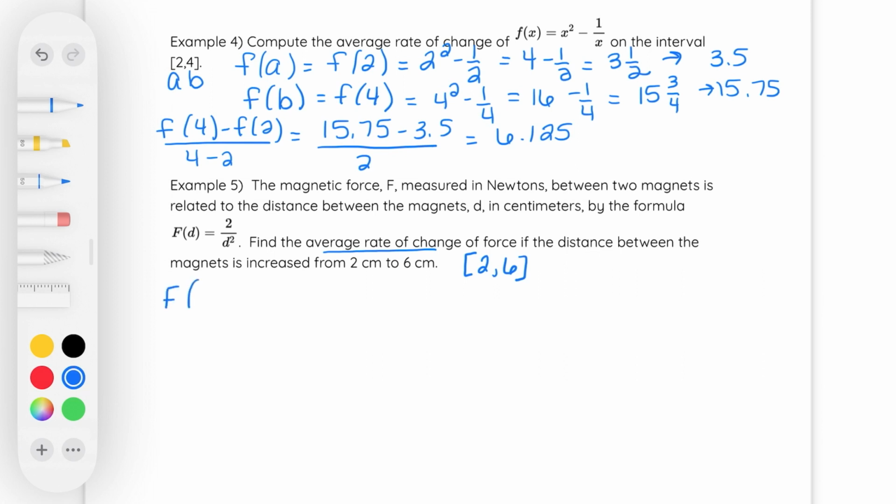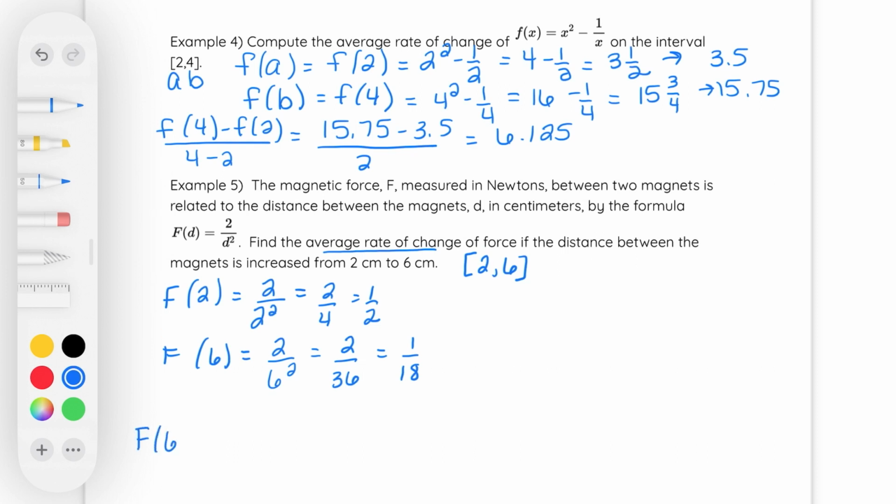So I'll first start off by finding F of 2, which is 2 over 2 squared, or 2/4, which is 1/2. And then I'll also find F of 6, which is 2 over 6 squared, or 2 over 36, which reduces to 1/18.